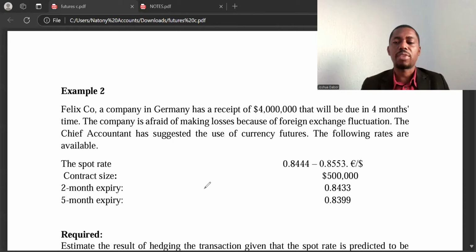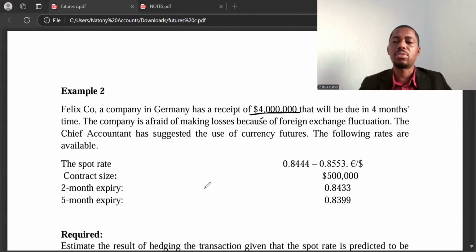Step two, after you have made the decision of what you want to do, whether to buy or to sell, you need to determine the number of contracts to be bought or sold. So let's look at this question now. The company expects to receive 4 million. So from the previous video, let me see if you have an understanding of what we have done previously. Should the company buy or should the company sell futures contracts?